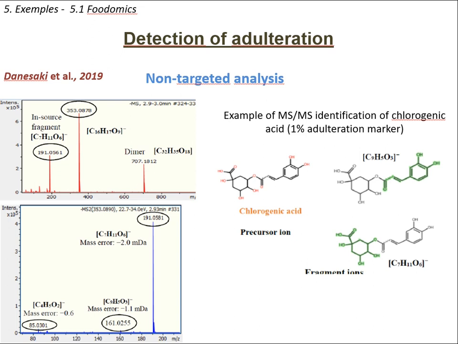And you have a fragment of 191. And 191 is C7H11O6 minus. And this is the quinic acid part of chlorogenic acid, which is also named caffeoyl quinic acid. And so if you make an MSMS analysis, it is a blue spectrum, you will find other, smaller fragments that may come from sub-fragments of this molecule.